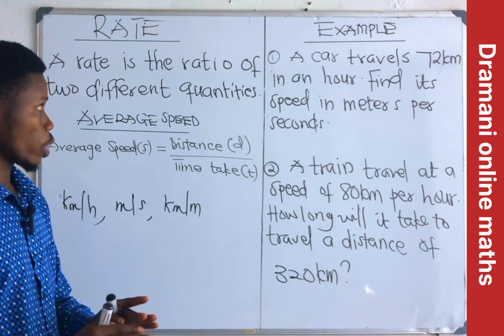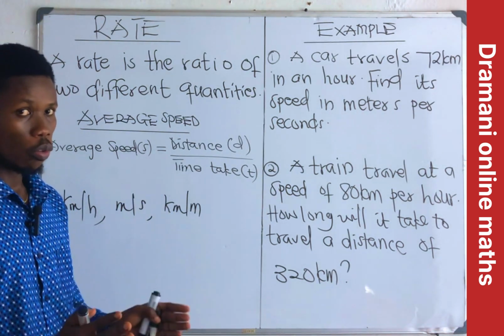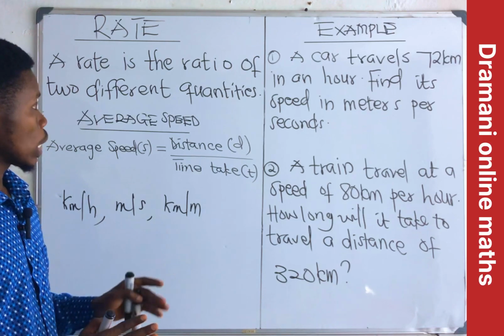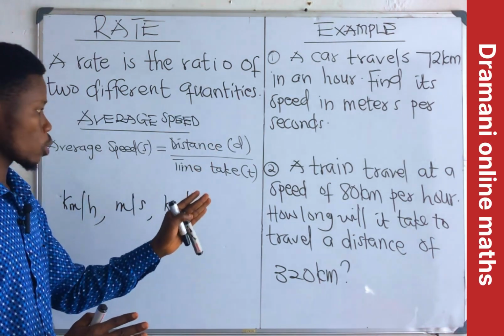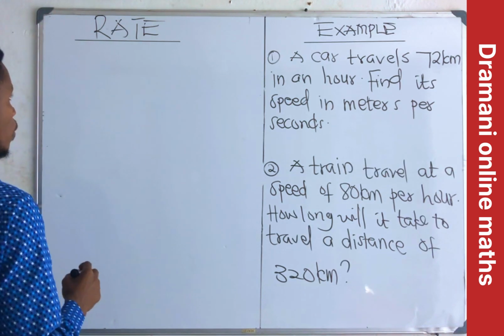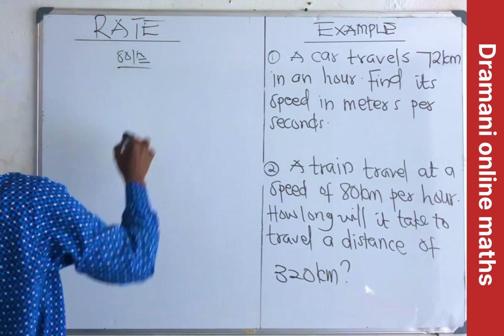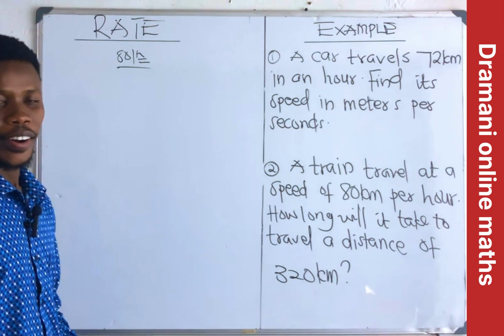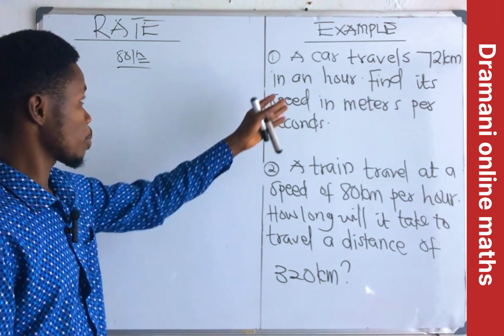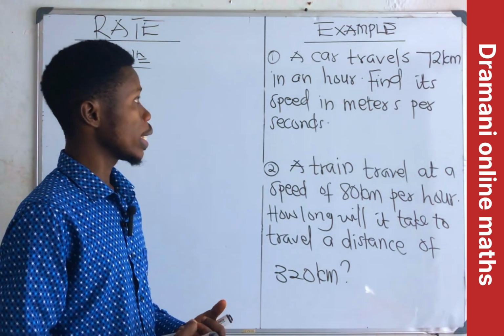So I have these two beautiful examples here that we are going to work through. Let's read these examples and try to solve them. A car travels 72 kilometers in an hour.